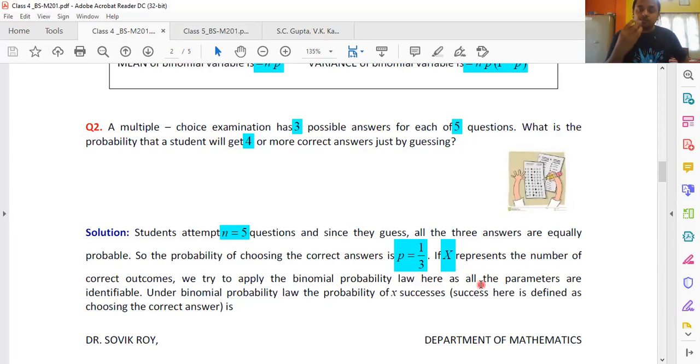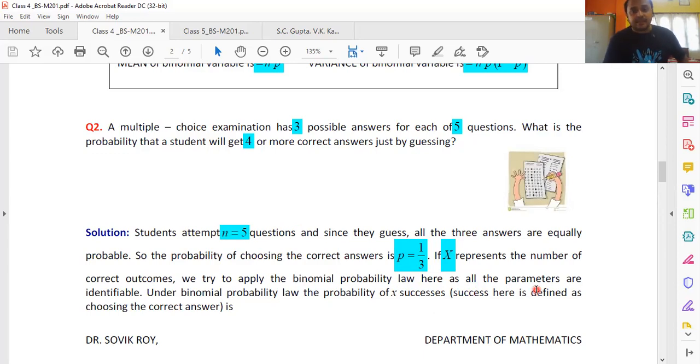I have to define the random variable, and you know a random variable gives you the count. So here the count will be the number of correct outcomes he is getting by guessing. Since n equals 5 and p equals 1/3, these parameters are known, so we can apply the binomial probability law in this case.